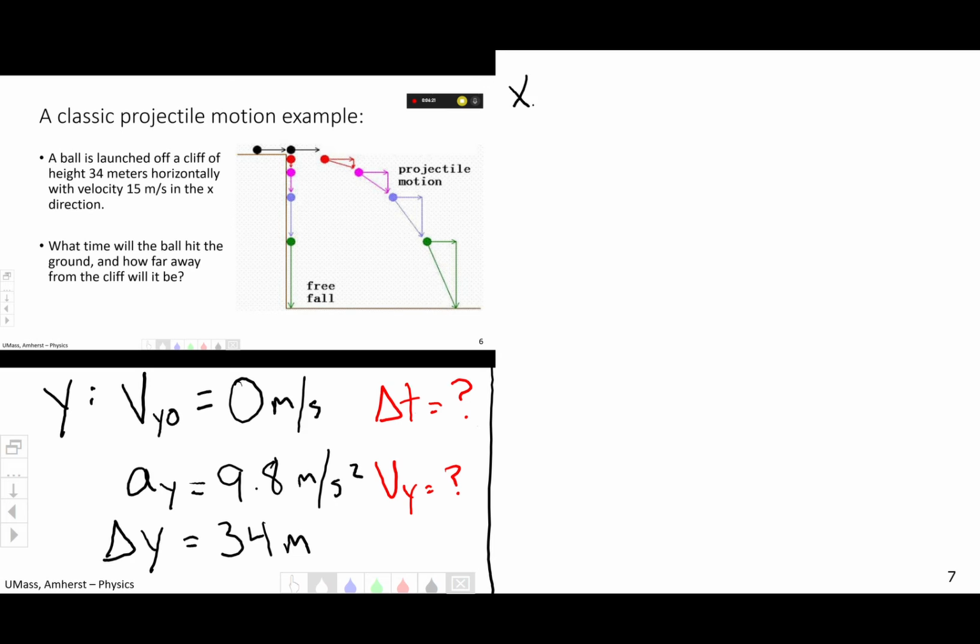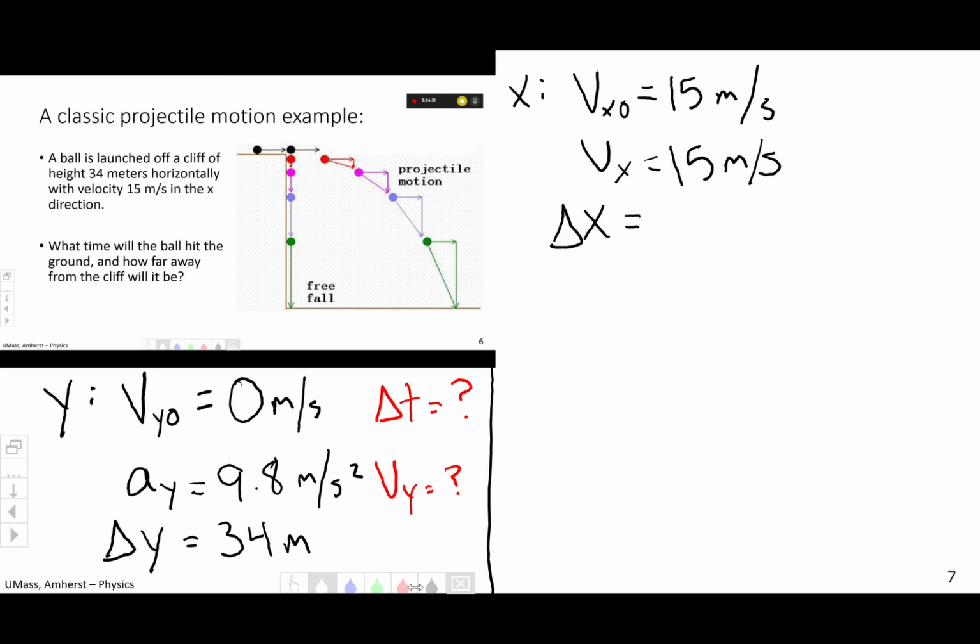Now in the x direction, let's think about what we have. We know that Vx0 is that 15 meters per second. And interestingly, since we know that it's constant, we can also say that Vx final in the horizontal direction is 15 meters per second. And what we want to know is delta x.